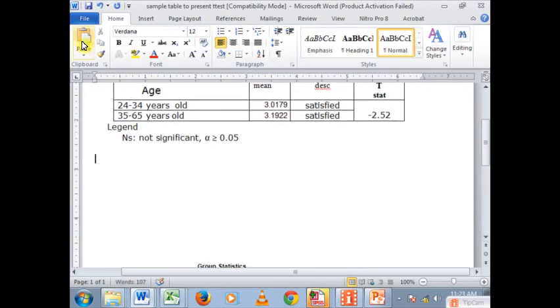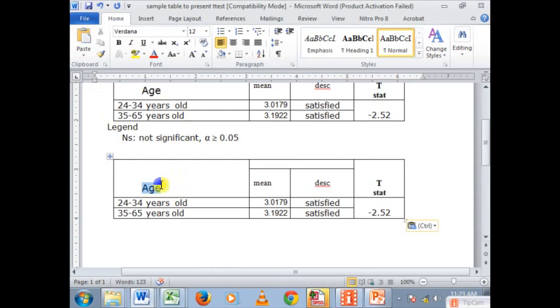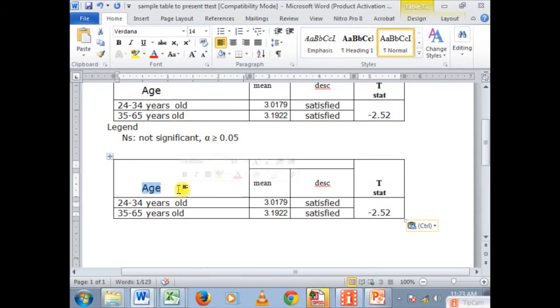For example, you have job assignment. So how many do you have for job assignment? How many categories do you have for job assignment?